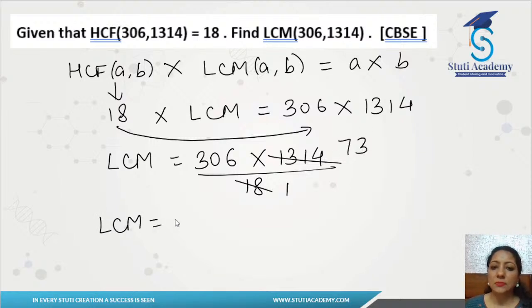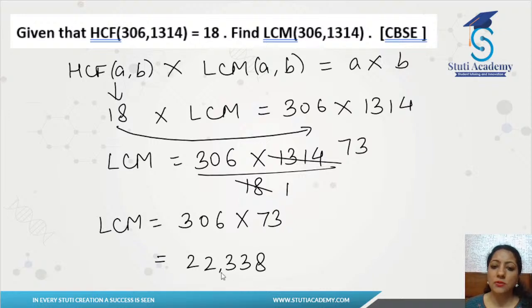Finally, we have LCM as 306 into 73. That is 22,338. So that's the LCM of two numbers. So in such cases, we are going to use the concept HCF of two numbers multiplied by LCM of those two numbers is same as product of the given numbers.